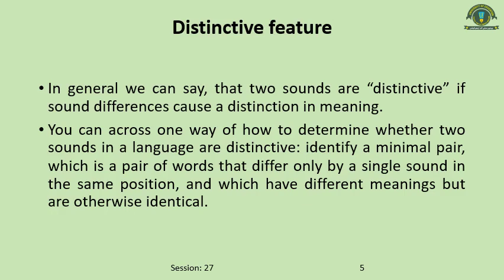If you use the word sip and then the word zip, in sip we have three phonemes, in zip we have three phonemes. But if I replace s with z, what happens? Sip is converted into zip.